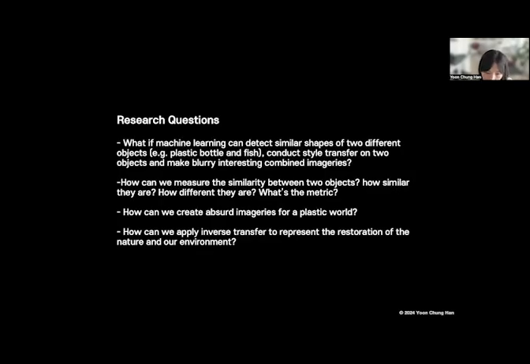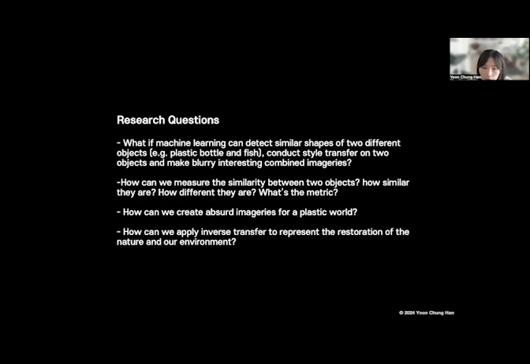So when I work on this plastic landscape project, my research question is: what if machine learning AI frameworks can detect the similar shapes of two different objects? Because I thought the plastic outcomes will definitely become a part of our world, and replace existing nature objects, nature creatures.